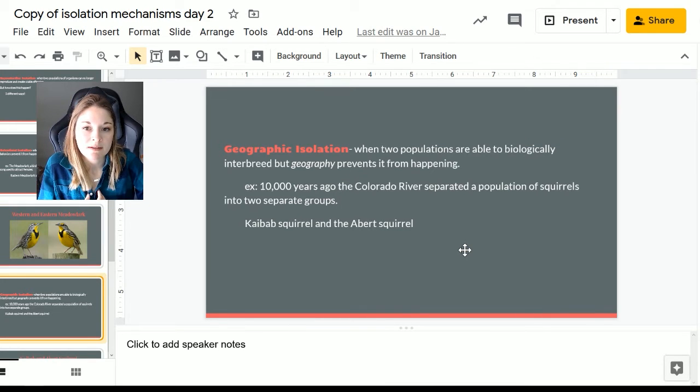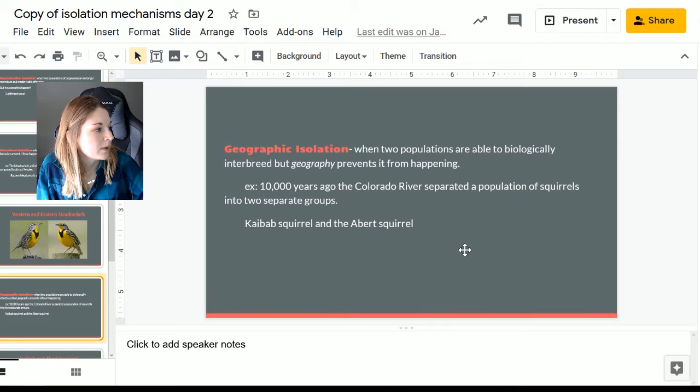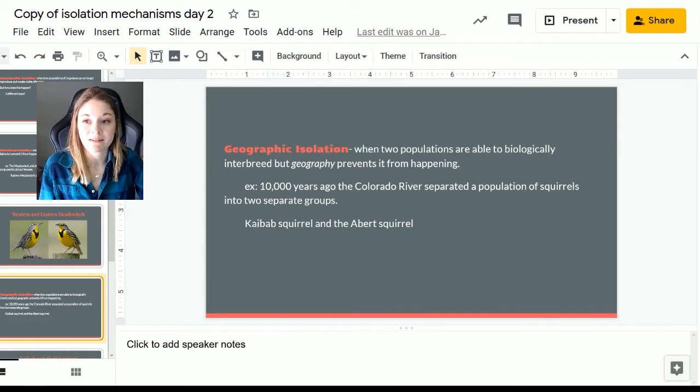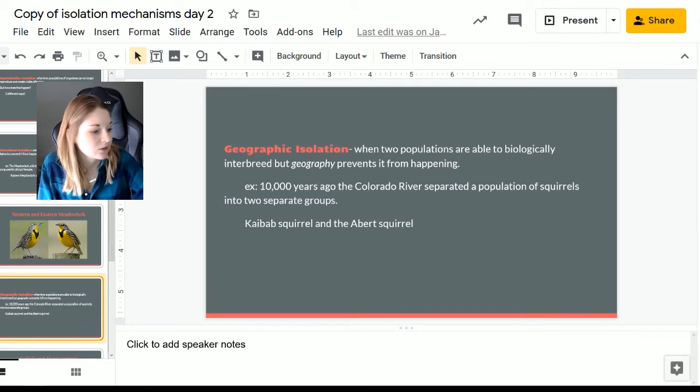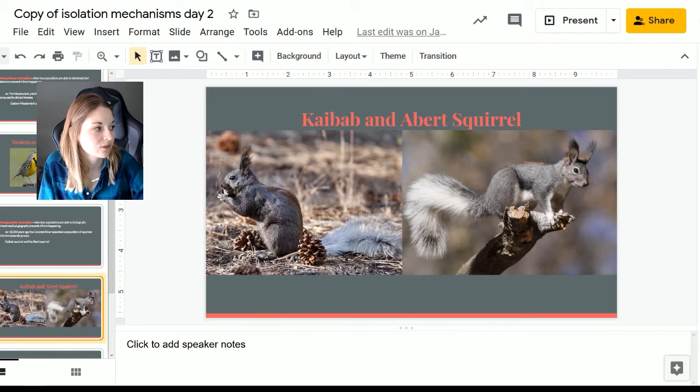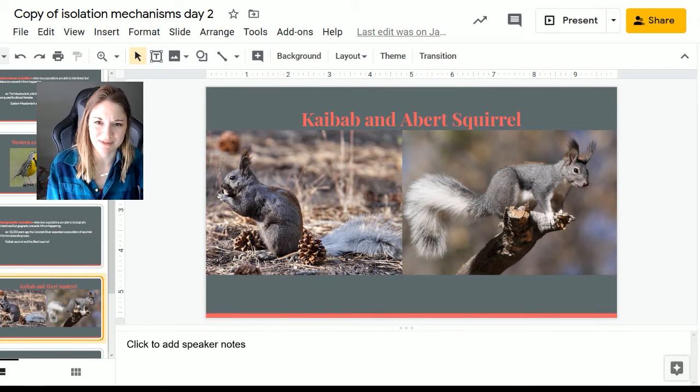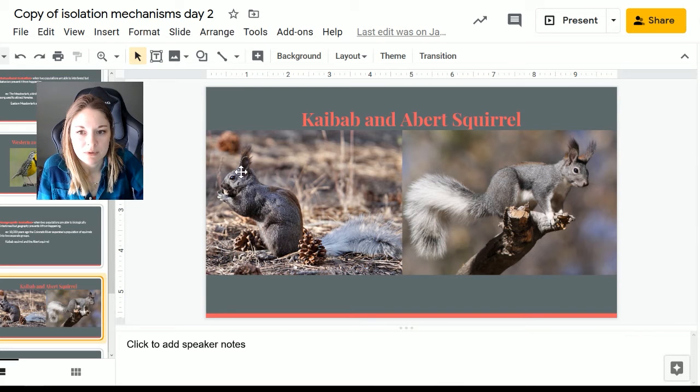The next type of isolation that can occur is geographic isolation, and this is when 2 populations or more are separated by some geological barrier. The example I'll be looking at here are different squirrels. The Colorado River separates a population of squirrels. Forgive me, I don't know exactly if I'm saying this correctly, but the Kaibab and Abert squirrel, you can see them both here.